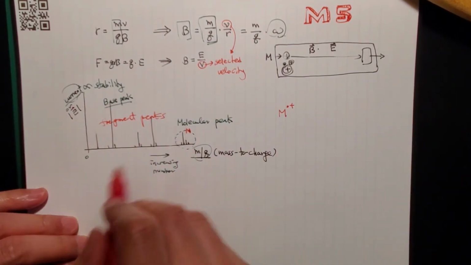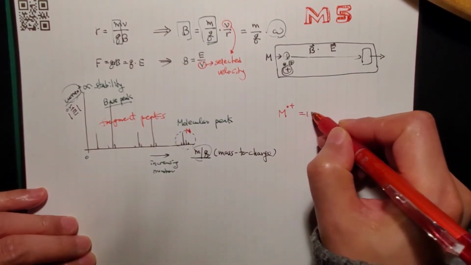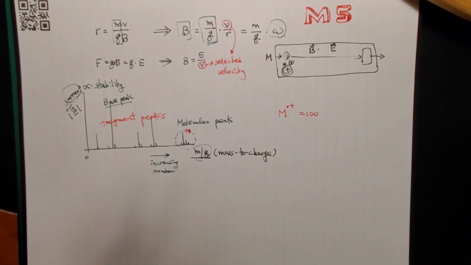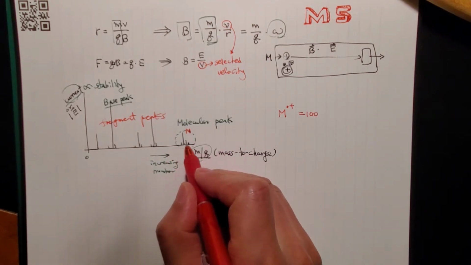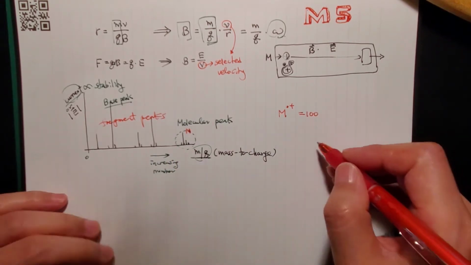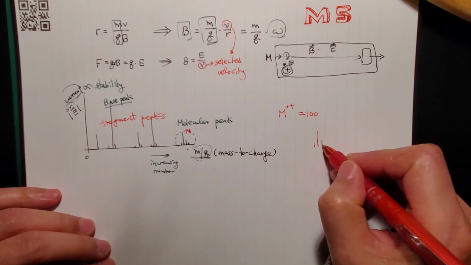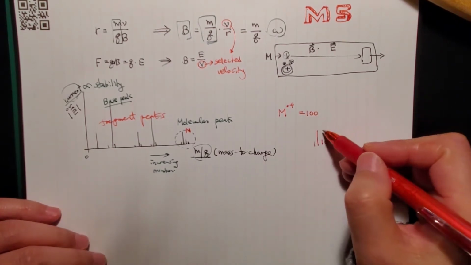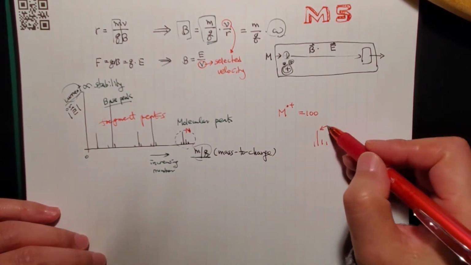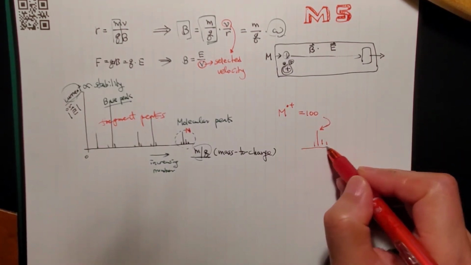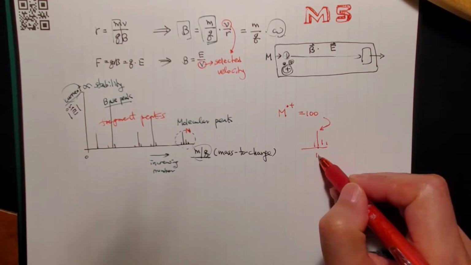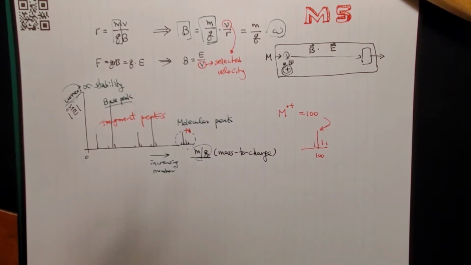Say this time this was a molecular peak of 100 mass units with a +1 charge. So you will see 100, but there are many peaks. So which one? And obviously the tallest one, and that should be giving 100 in this case, okay?